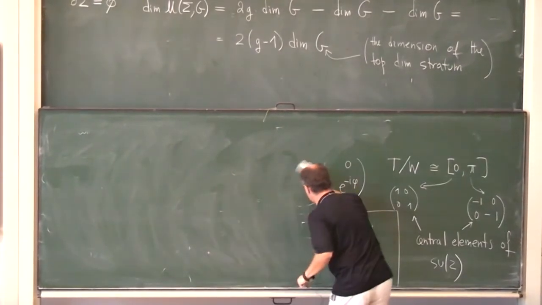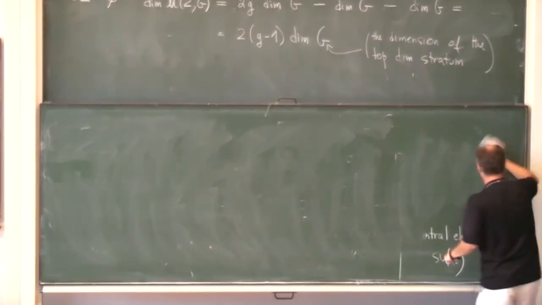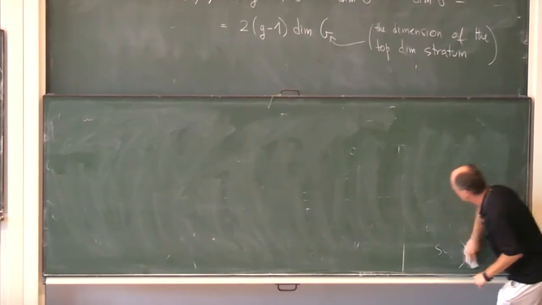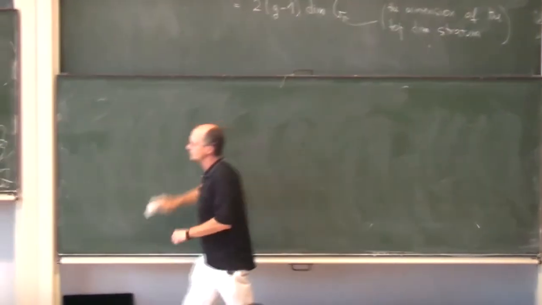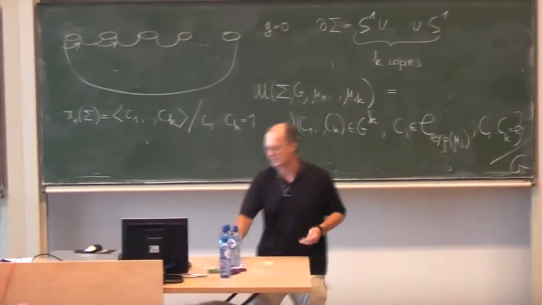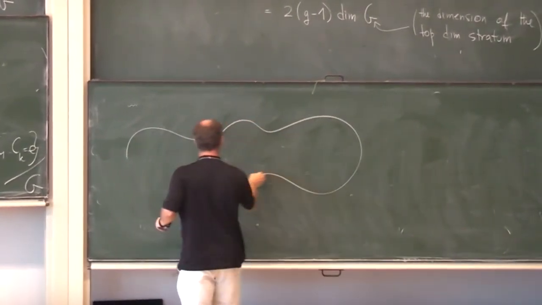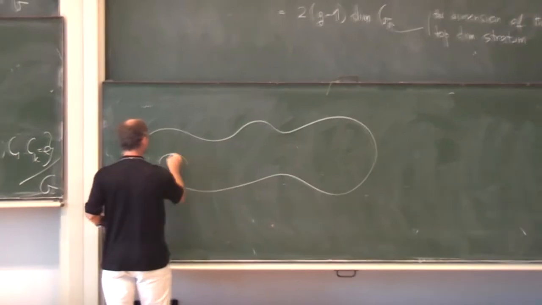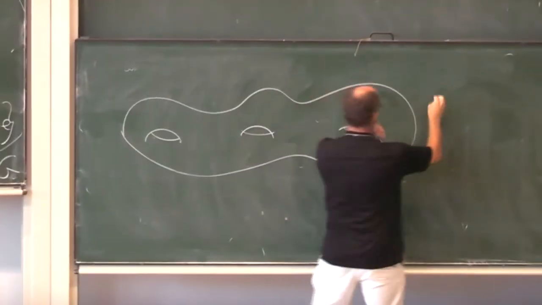So there was an exercise of finding as many as possible curves on the surface of genus G which would produce Goldman variables or Goldman functions in involution. So let me try to draw a beautiful surface, or at least as beautiful as I can.